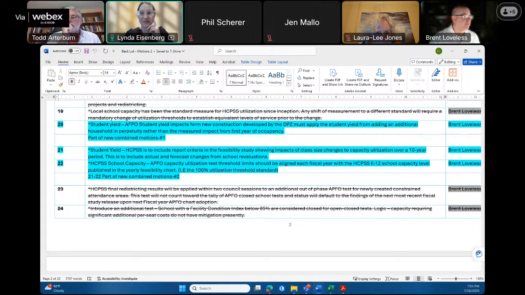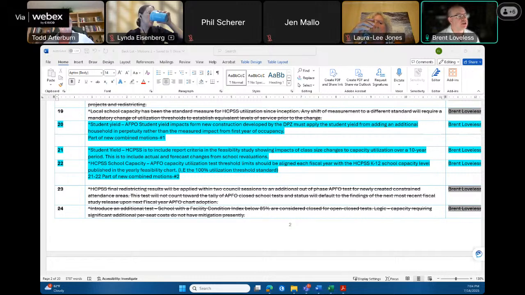Thank you. All right, let's try to make this quick, in order of time, and the concepts are ones we've revisited. Number 20, student yield. I make a motion that student yield impacts from new construction developed by DPZ must apply student yield from additional households in perpetuity rather than the measured impact from the first year of occupancy.